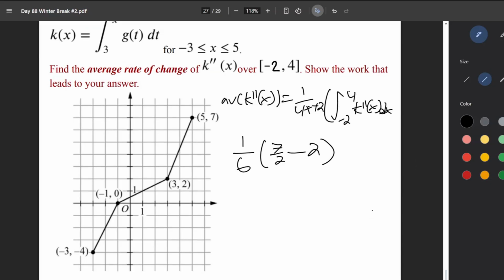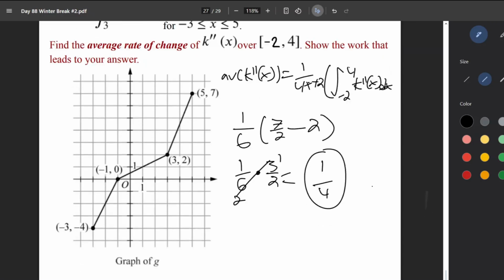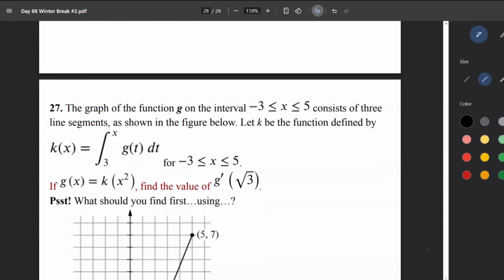So we can do a fraction trick here. 1 over 6 times 7 minus 4 over 2, so it would be 3 over 2. This cancels to 1, so this equals 1/4. Okay, last page, I believe.